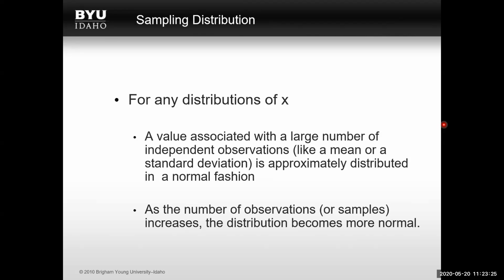And as the number of observations increases, that distribution becomes normal. So what this is saying is, that's right, whatever you're interested in isn't normally distributed. Gender, right? It doesn't make any sense that gender would be normally distributed. Or biological sex, right?